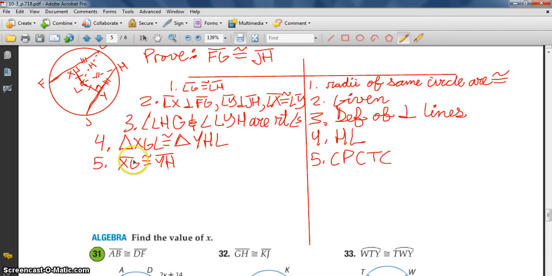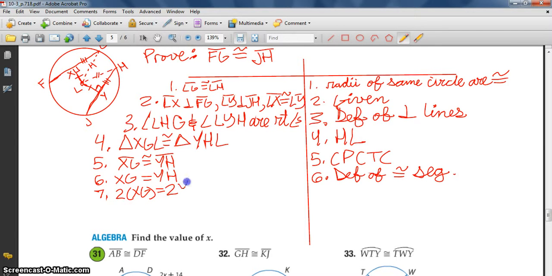And if they're congruent, they'll have the same length, by definition of congruent segments. And if I take that equation, I can multiply both sides by the same thing. So I can say 2 times XG as long as I say 2 times YH by multiplication property of equality.